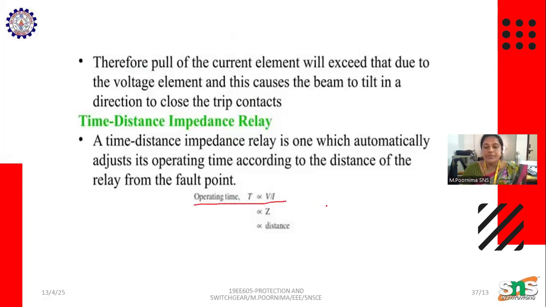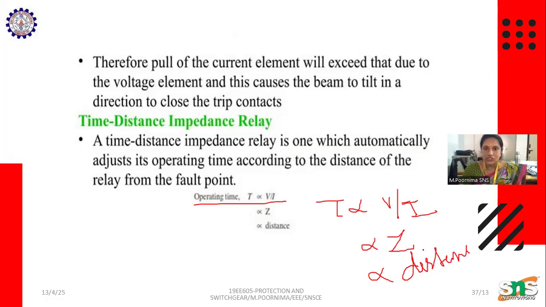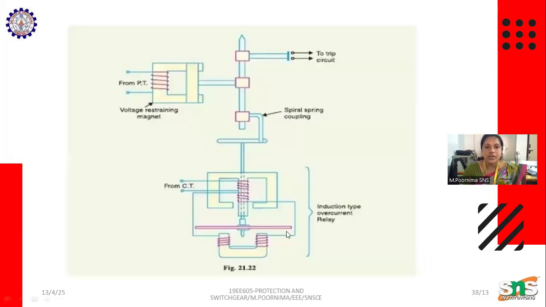So the operating torque is directly proportional to the ratio of voltage by current, and V by I we can write as impedance Z, and this impedance is directly related with distance. Okay, so this is the impedance relay, the time distance relay. Here the same thing happens.